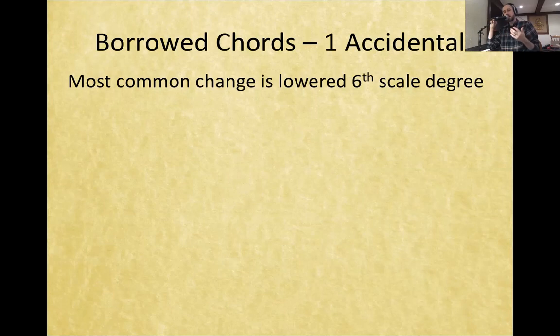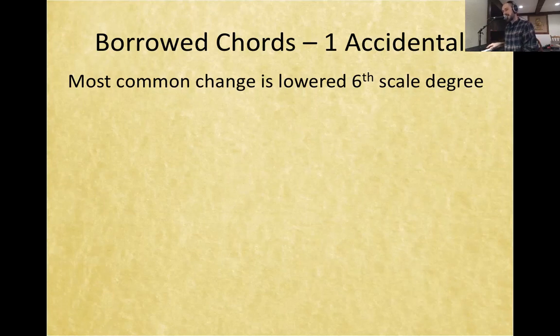The 7th scale degree is not super useful at all because we don't usually use the lowered 7th scale degree in minor, right? We've already adjusted the 7th scale degree to be the leading tone, right? So that one's kind of out. The 3rd scale degree, well, right?